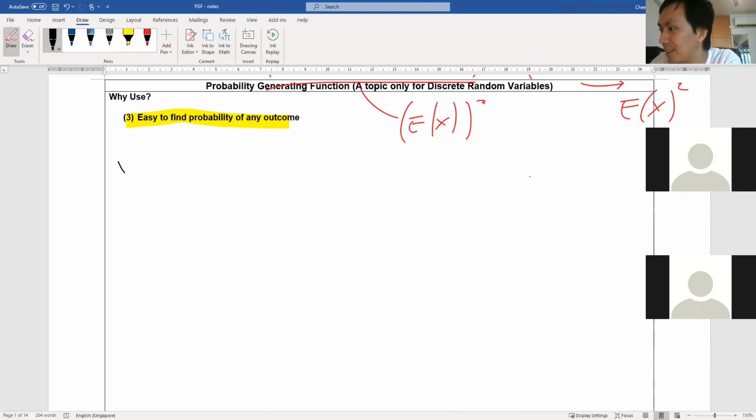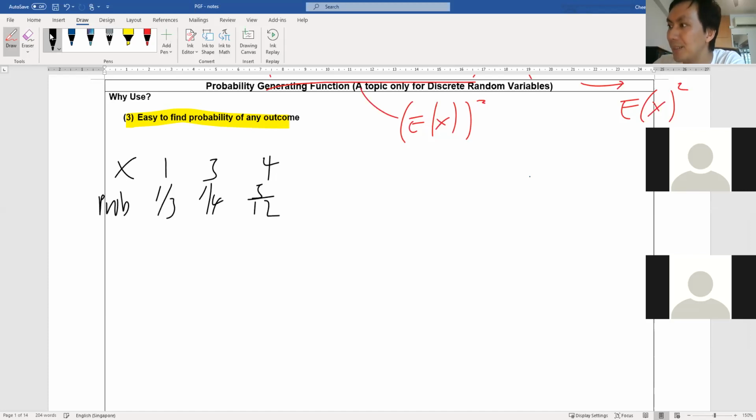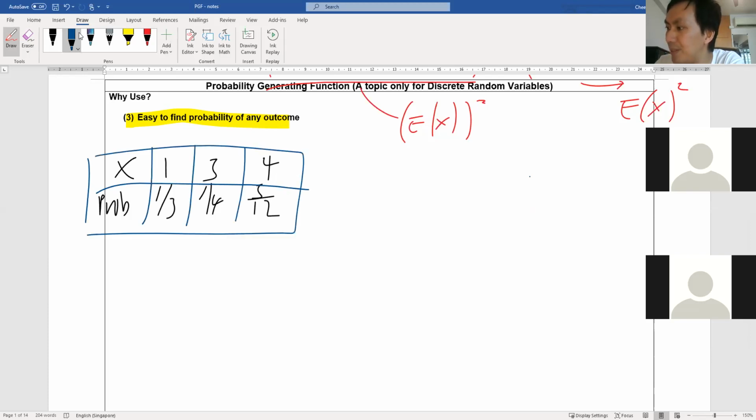Okay, if you have X, 1, 3, 4, then probability is 1/3, 1/4, 5/12. Okay. Theoretically, if you look at the table right away, if I want you to tell me what is the probability of 3, you will say, oh, it's just 1/4.